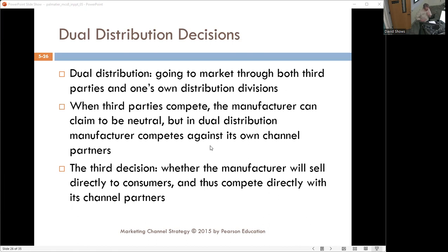And so this is the major problem. This is the third decision, whether the manufacturer will sell directly to customers and compete directly against their channel partners. But there are instances where it can occur, and there are good reasons for it.